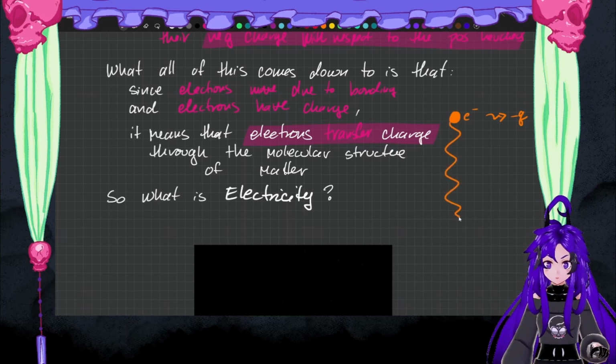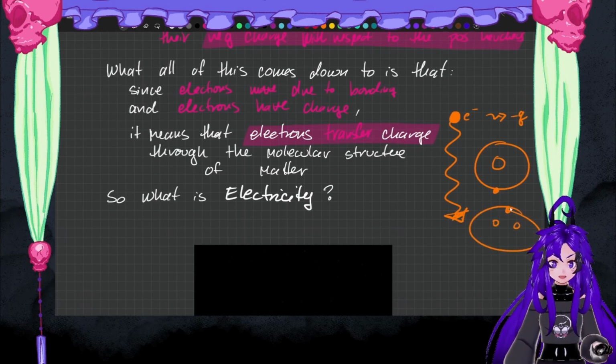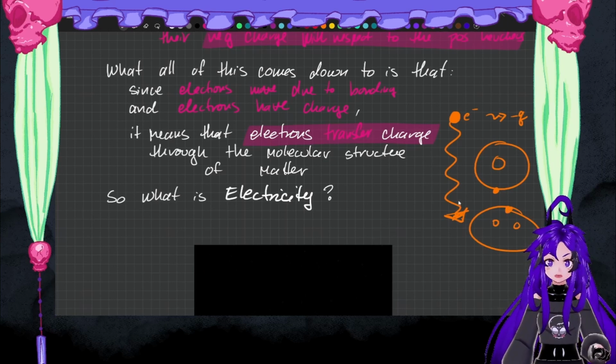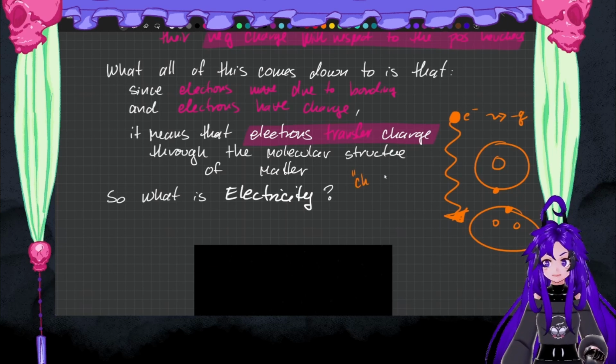And they move, right? They're zipping around a nucleus, or their shared nuclei. They are moving charges, and you can think about that as carrying or transferring it. So sometimes you'll hear electrons called charge carriers.